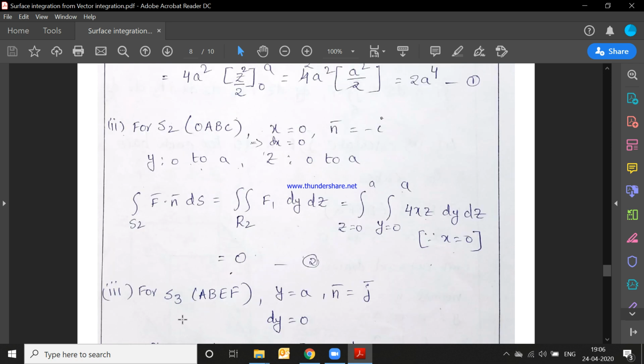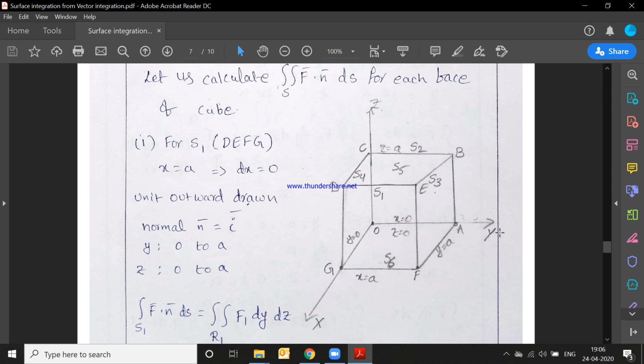Next, going to surface 3, ABEF. If you take surface 3, this one, ABEF is the third surface. If you consider it as the third surface, then this surface is at y is equal to a, and z limits are 0 to a, x limits also 0 to a.